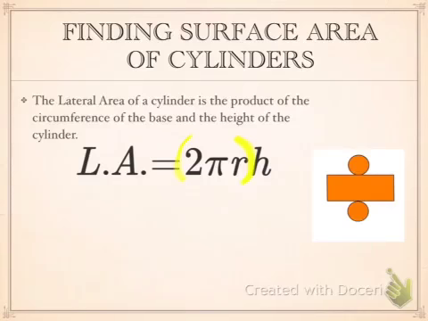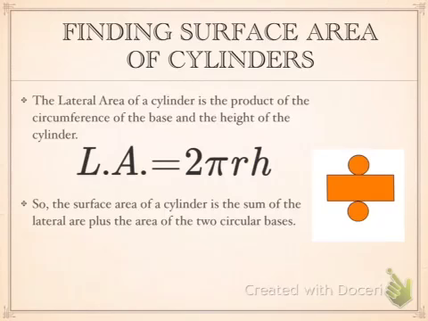And if you recall from the wonderful song that I've been singing in class for about a month now, circumference is 2 pi r. So this 2 pi r of the lateral area formula represents the circumference of that base. And then we're going to multiply it times the height, just like we said in the former example, and that's going to give us our lateral area.